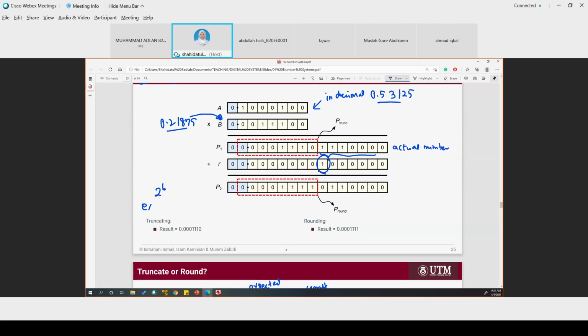The result will be 0.11621. Okay, you are expecting 0.1162109 and so on.